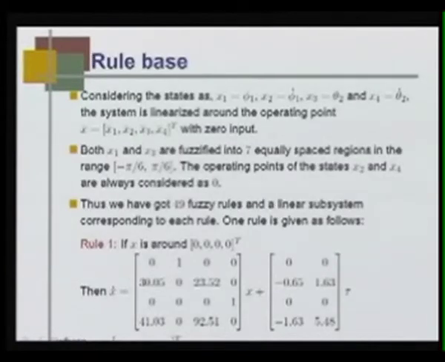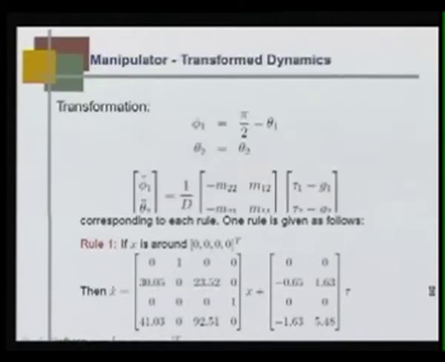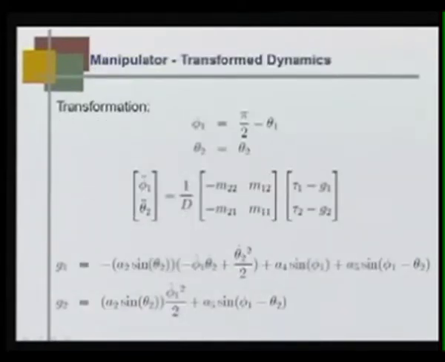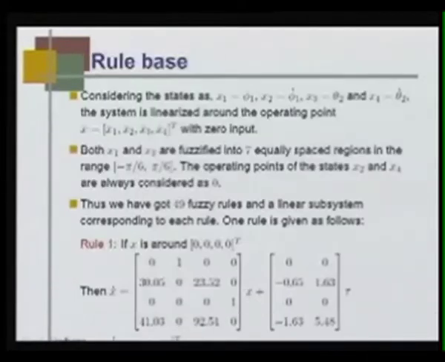this is the transformation, and then the rule base considers the states x1 equal to phi 1, x2 equal to phi 1 dot, that is the transformed theta 1 and transformed theta 1 dot, x3 is theta 2 and x4 is theta 2 dot.